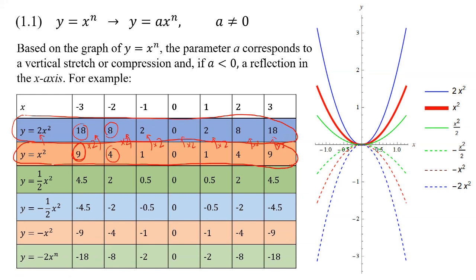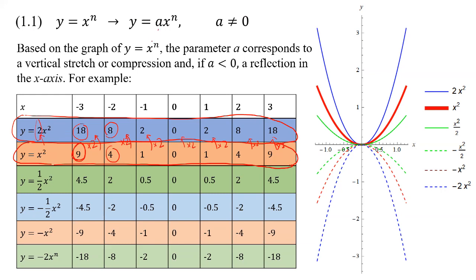So this means that, based on the original function, if we put a factor in front of the whole function, this is equivalent to stretching the original function by a factor of 2, right?